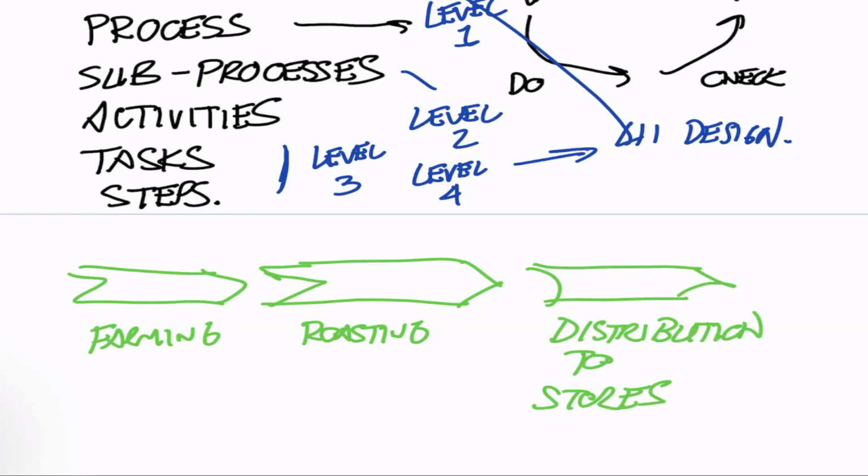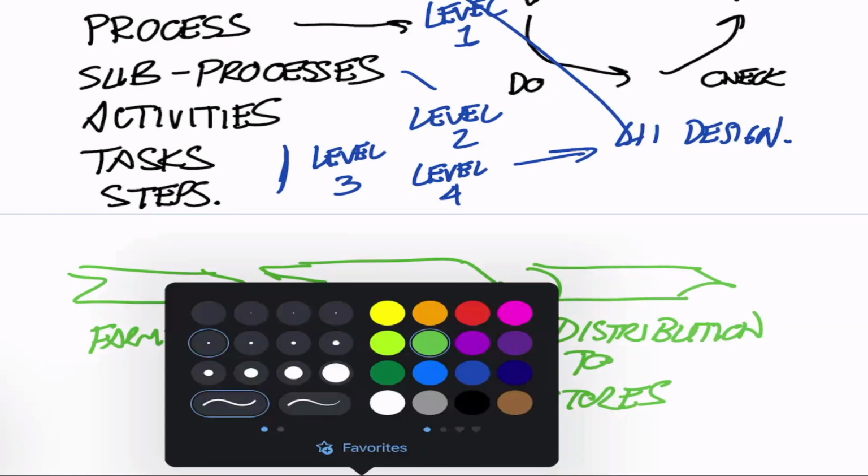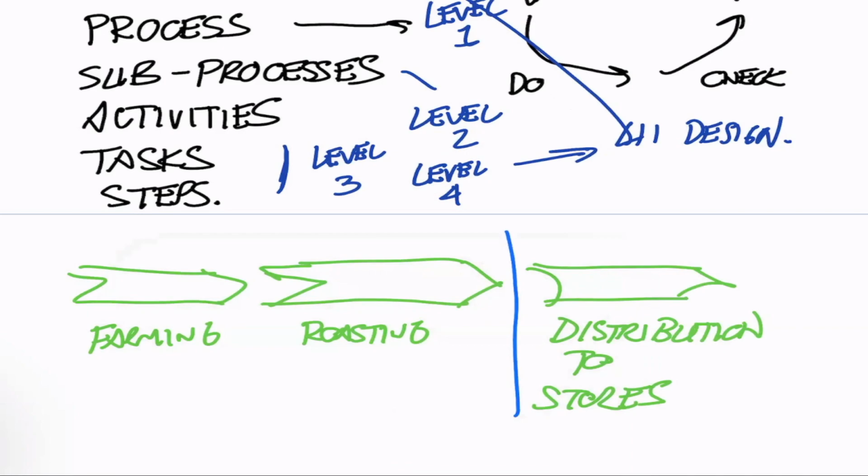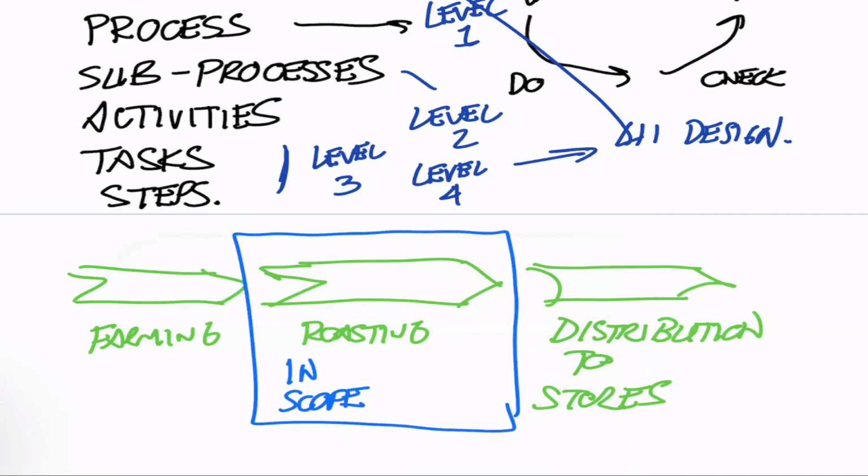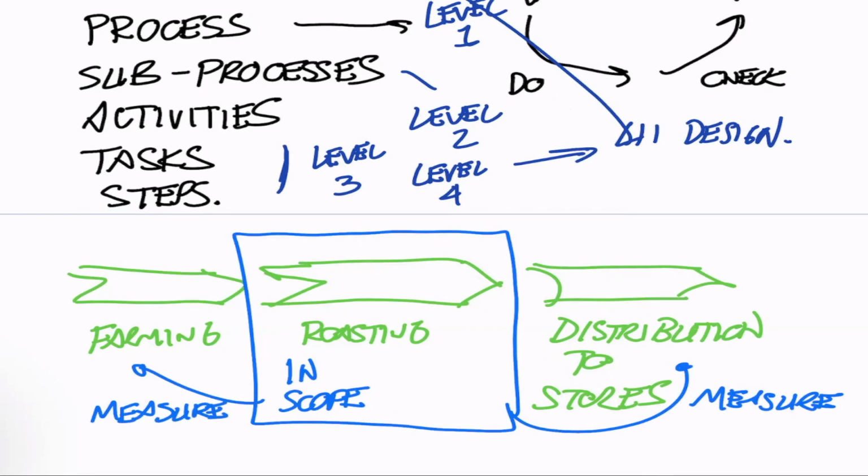Okay, if I'm saying that I want this part in scope, when I'm doing the design, I could have a measure here and a measure out here. And those measures could be around flow, for example. I don't want to be doing some work on the roasting side here, and all of a sudden I'm bottlenecking my farmers there.